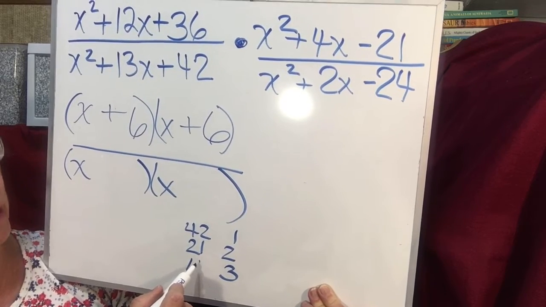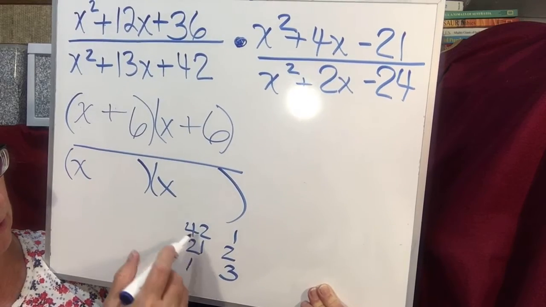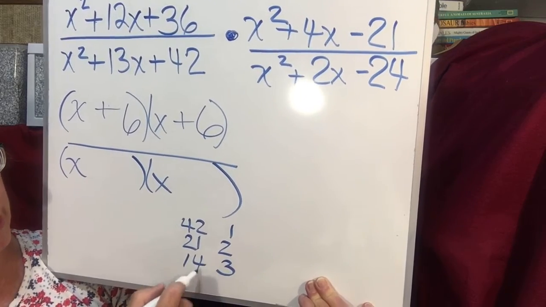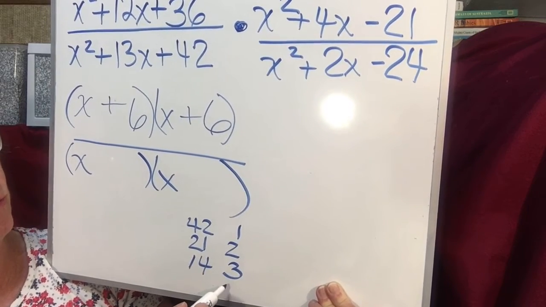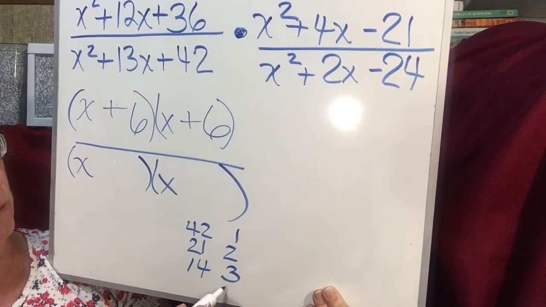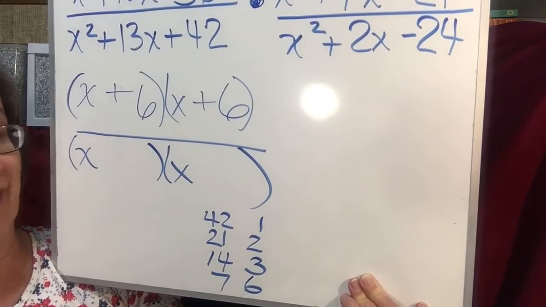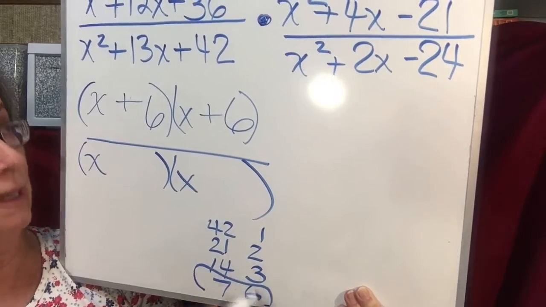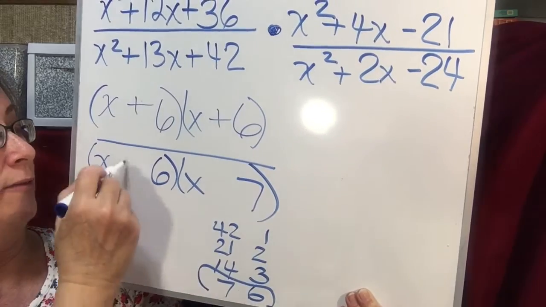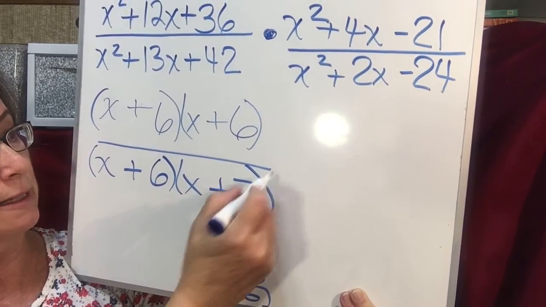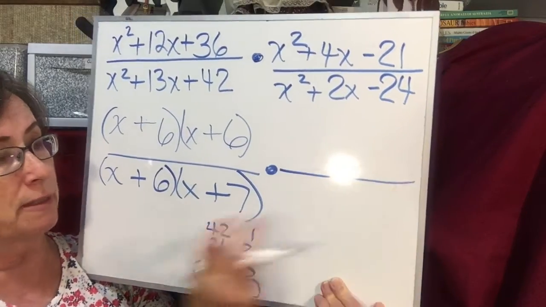Let me see. 42, 3, 14. 14 times 3. And then 4 doesn't go into 42. 6 and 7 go into 42. So that's the one we're going to use, 6 and 7, because we're trying to get to a 13. 6, 7, plus, plus. Times, so nothing has to change, nothing has to be flipped.